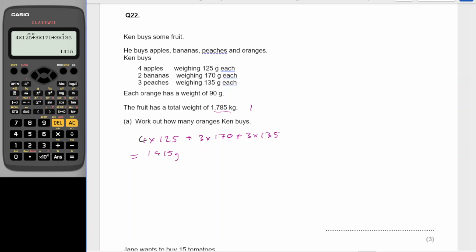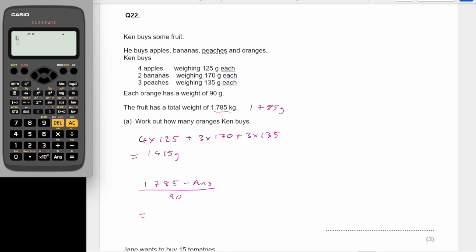That in kilograms is 1,785 grams. So for the weight of oranges, we're going to do 1,785 minus our answer, and then divide that by 90.